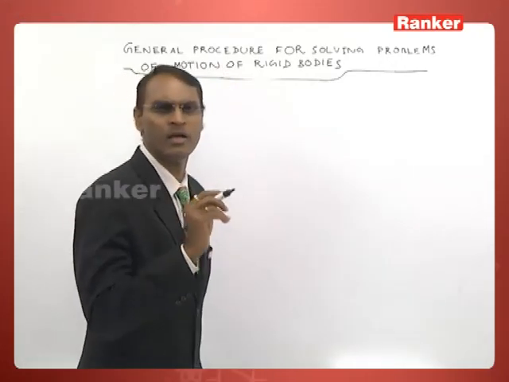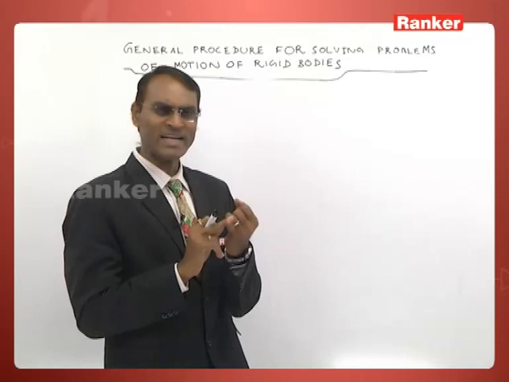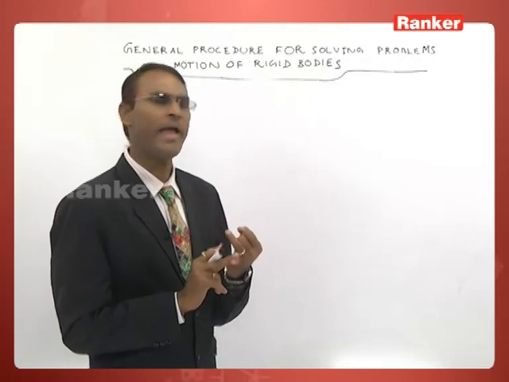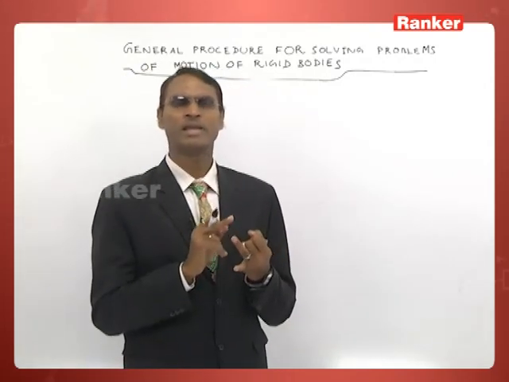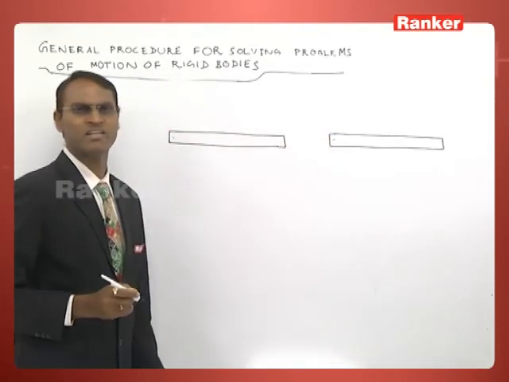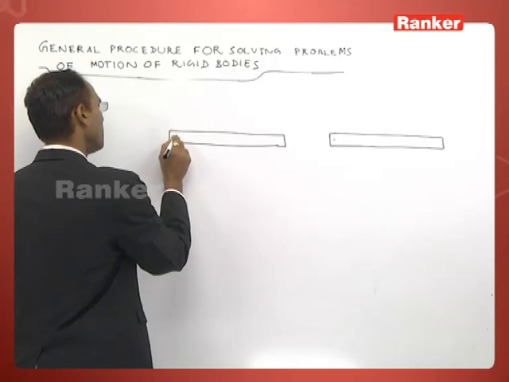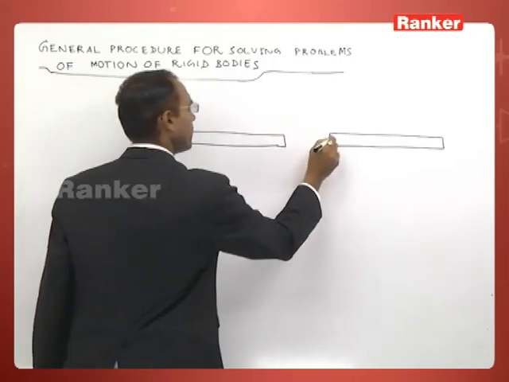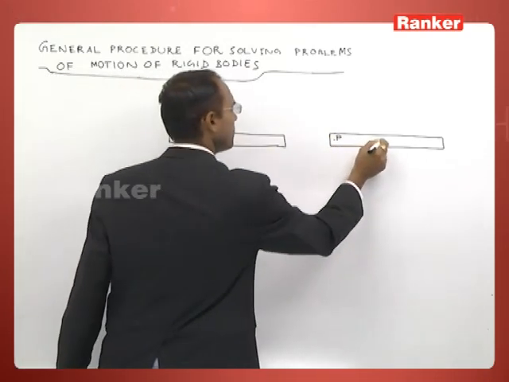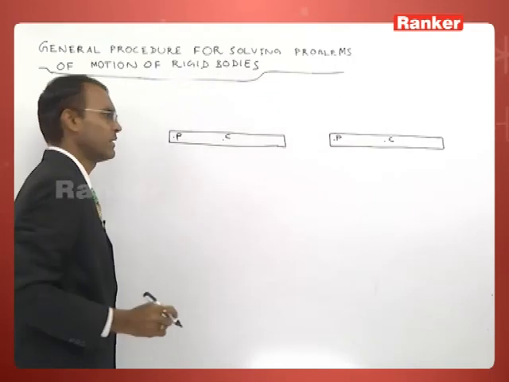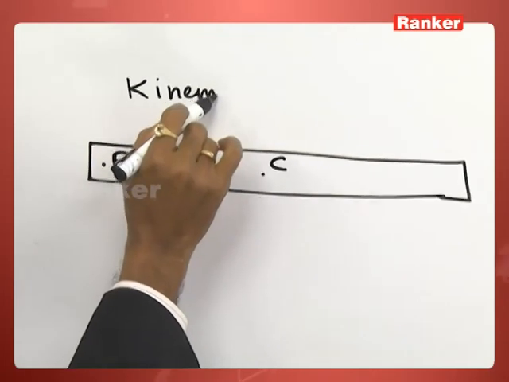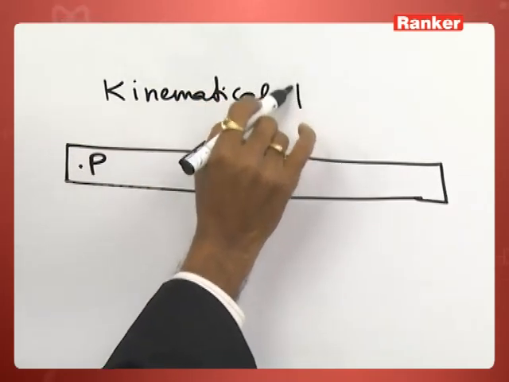Let me redraw the diagrams, the kinetics diagram or dynamical diagram or free body diagram, and the kinematical diagram. Here is the pivot P. Here is the center of mass. See, this is the kinematical diagram.